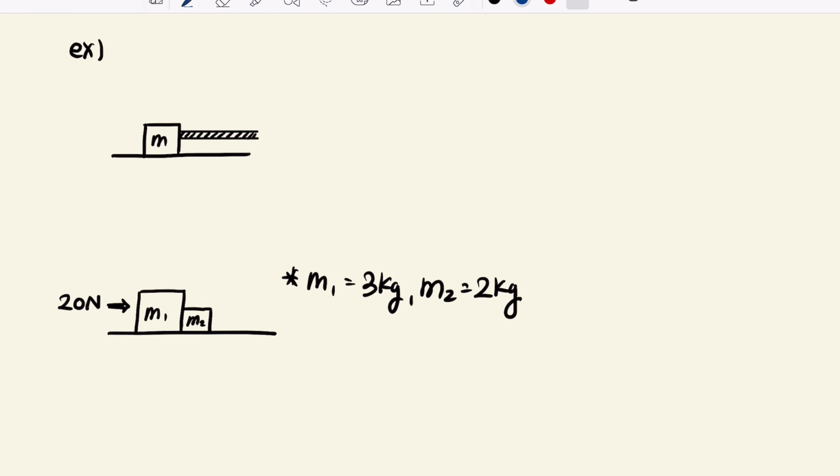So first, let's say that there's a box that has a mass of m, and there's a rope attached to it. So here, if we draw a free body diagram, a free body diagram is where we draw the forces that are acting on an object.